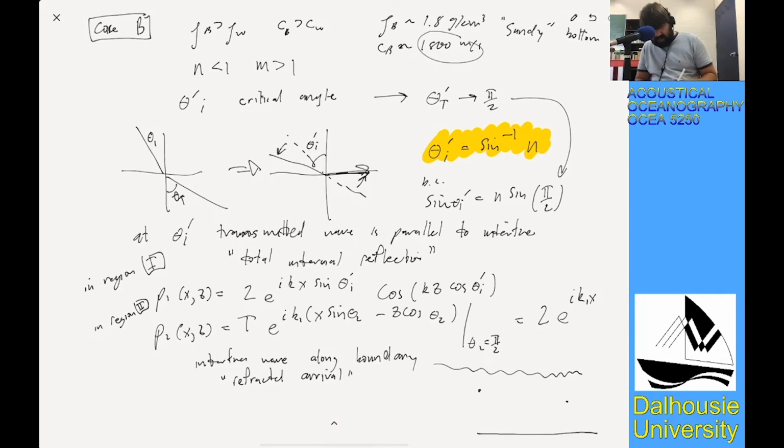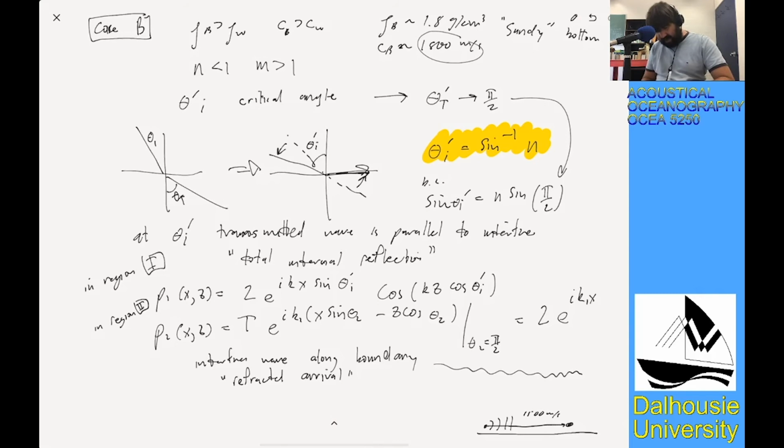So you can imagine you have your receiver here, you have your source here, surface. Actually, let's make our source close to the bottom, just to make our point a little more clear. Here's our source, broadcasting out as a plane wave. You might have one path that goes directly to the receiver.